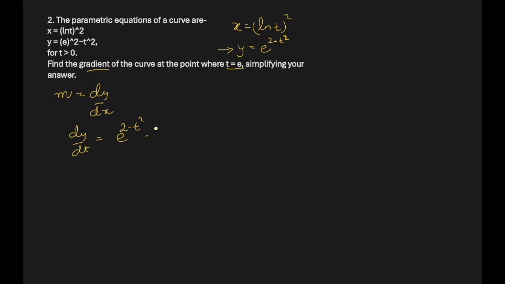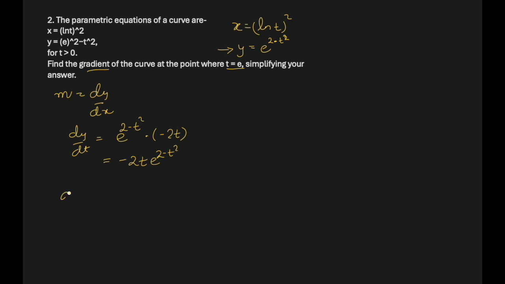Then further we have to multiply it by the differentiation of its exponent. So minus 2t, because differentiation of 2 is 0, so ignore it. We usually don't leave this like this, so we will write minus 2t first, and then e to the power 2 minus t square. This is dy over dt.